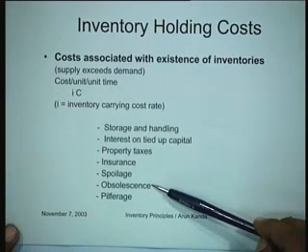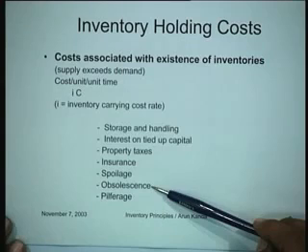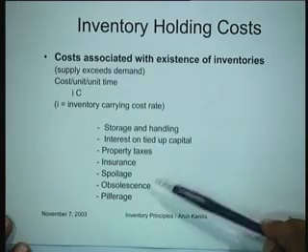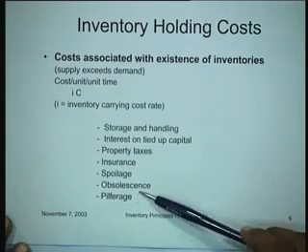If there is a shop stocking, let us say, cell phones, the obsolescence rate in such items is pretty high. All the older models would become obsolete very soon, and these obsolescence costs could be carried over to inventory holding costs.